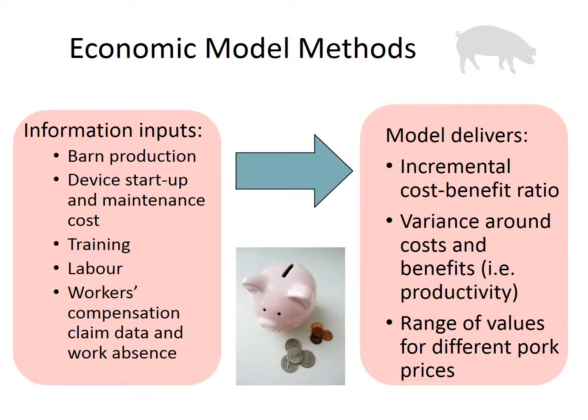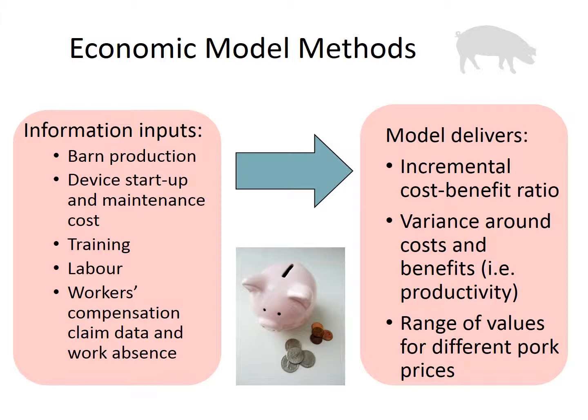Next, I'd like to talk about the economic model behind the needleless injector. The economic model is a simplified description of reality created to form a quantifiable relationship. This model compares the current situation in your barn with one that includes the new technology.